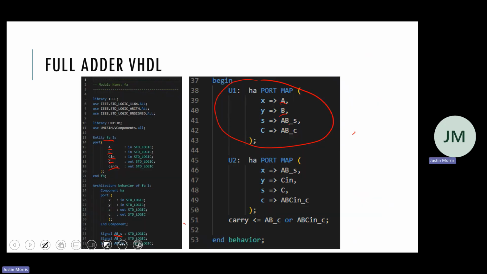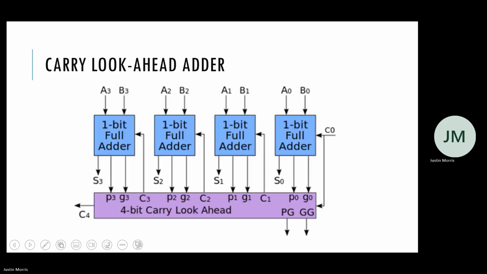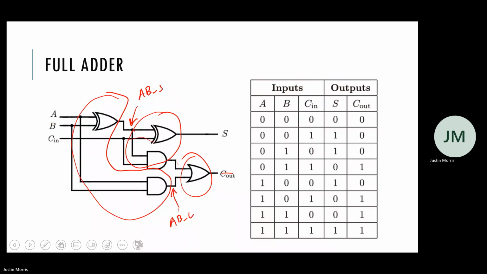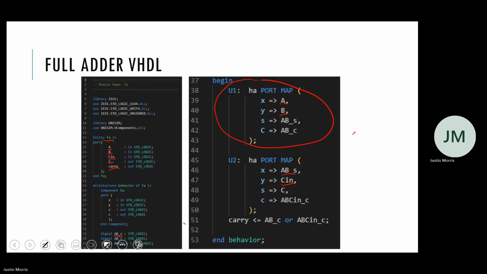And then the second half adder takes AB sum and C in. So that is here. And it outputs to sum, which is C in this case.